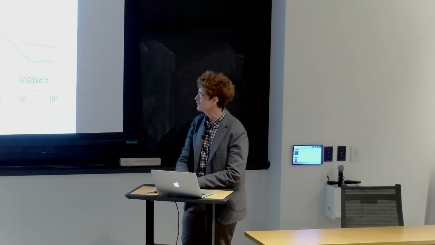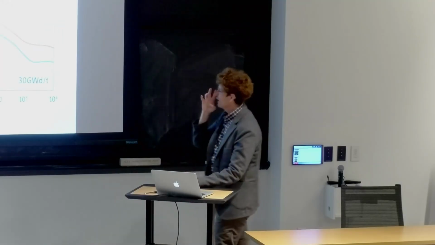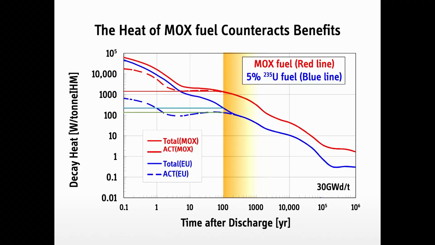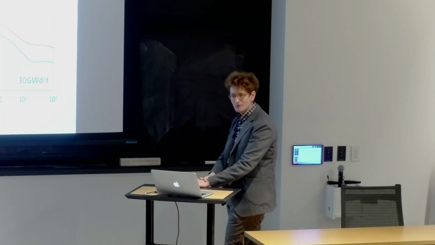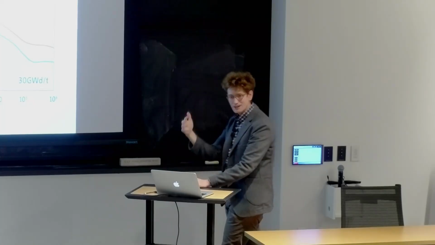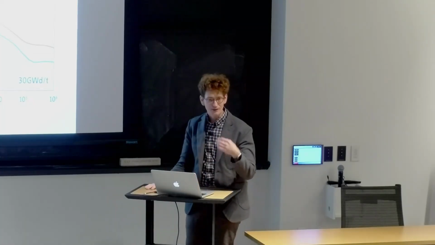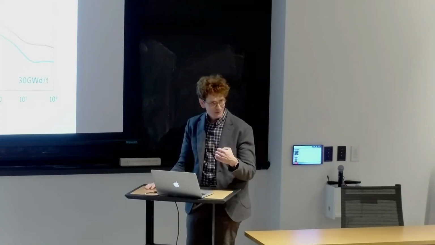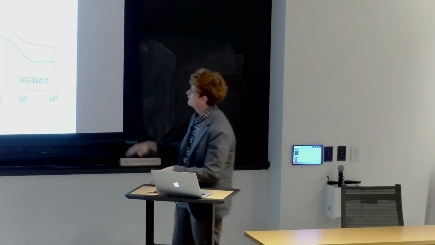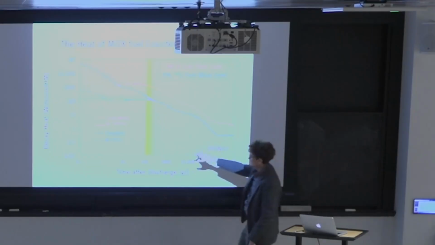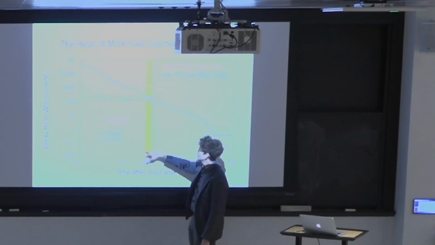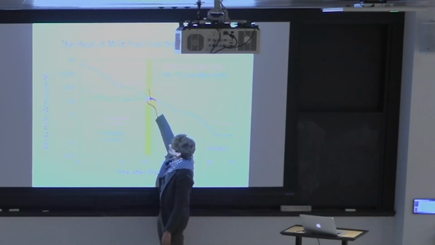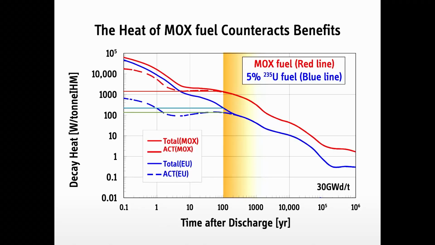So in the last few seconds, I mentioned that when you use MOX fuel, you get different actinides and fission products. Well, the higher order actinides mean that they're a little hotter. And it turns out that at roughly the 100-year time scale, when you turn off the fans, it's about a factor of 6 hotter.